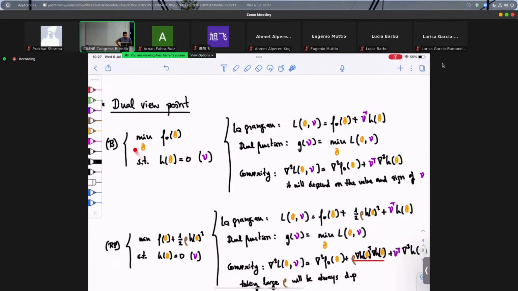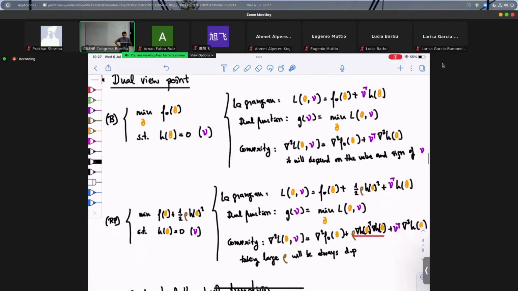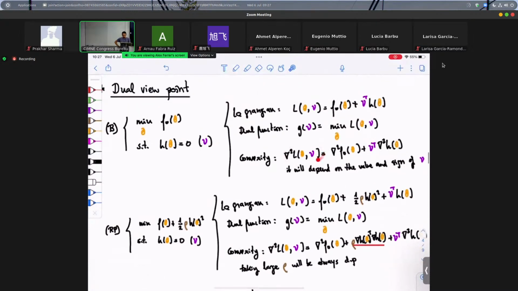Imagine we have this problem. This is the original problem. Now we write the Lagrangian, and then we write the dual function. The Lagrangian, remember, is just this, and the dual function is the minimization of the Lagrangian. If you want to compute the dual, you have to solve this problem.